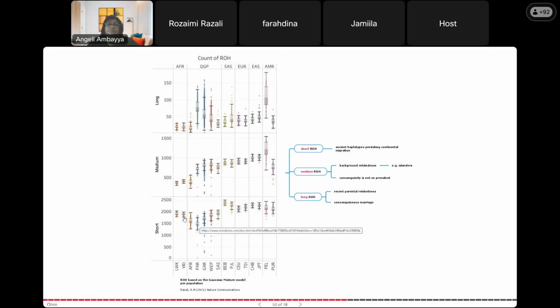YRI is the Nigerian, LWK is Kenyan, and there is also QGP African; the PAR has a lower median in terms of short ROH. What this means is that they are more related to the ancient people who migrated out of Africa. So this PAR haplotype is very ancient.